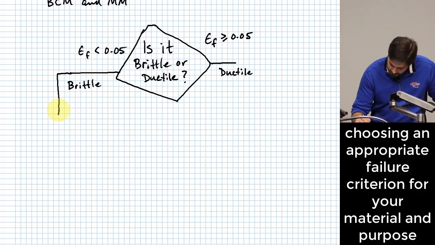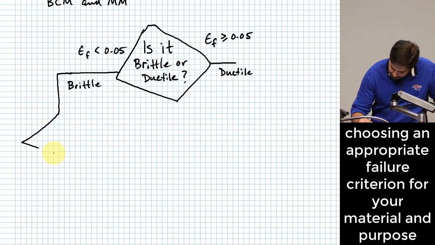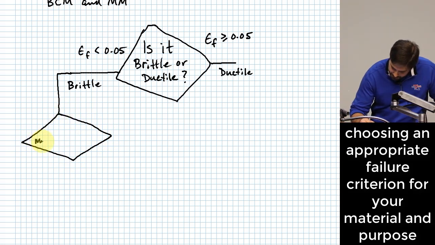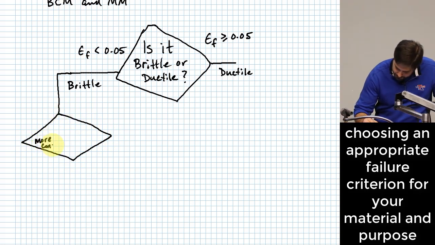All right? So at this point, maybe I'll make a big thing like this and say, if you want more conservative, we go over here and we choose which one?